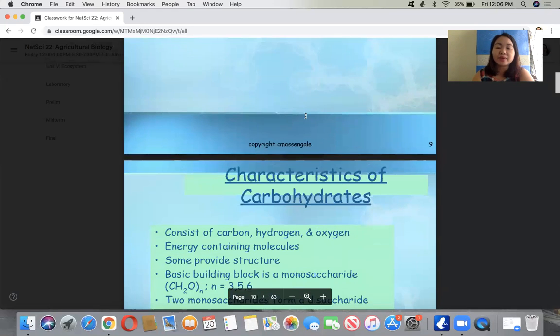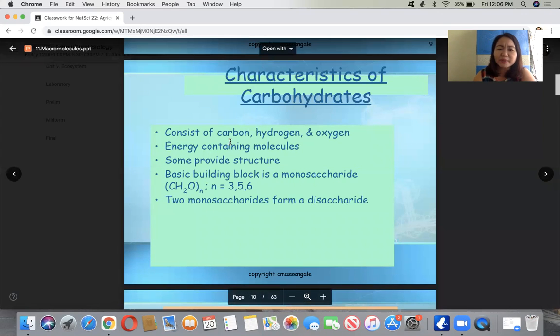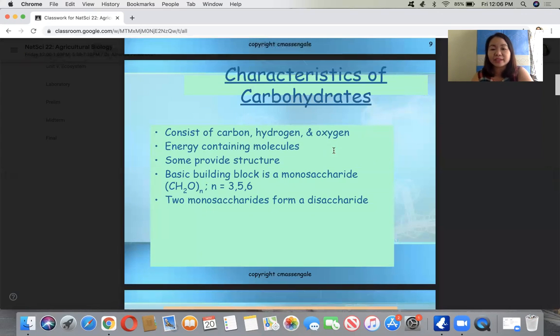So let's start with carbohydrates. What are carbohydrates and their characteristics? Basically, they are composed of carbon, hydrogen, and oxygen, and they are energy-containing molecules, and some have structural roles.